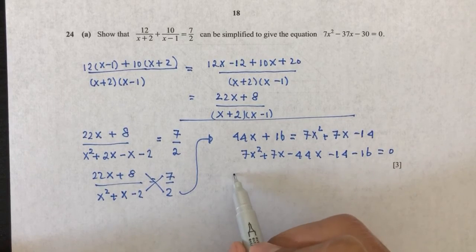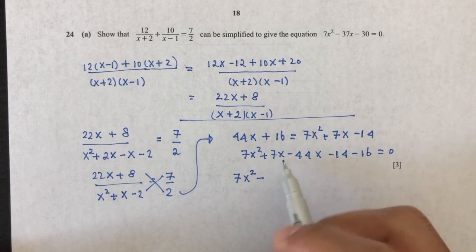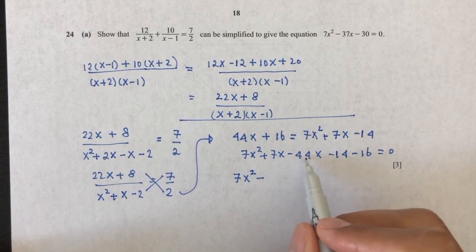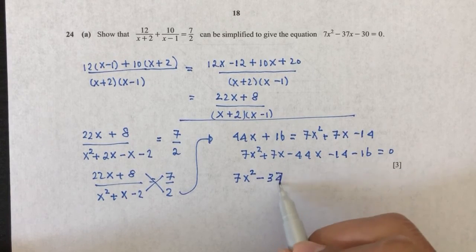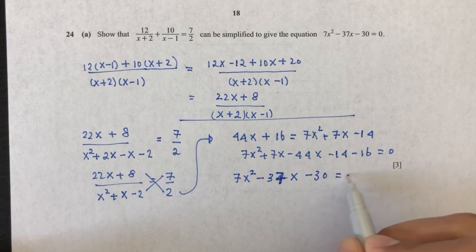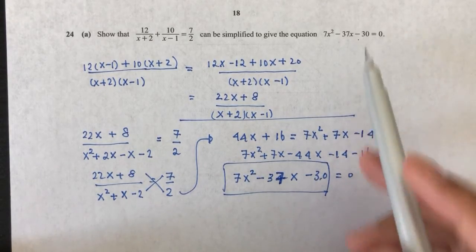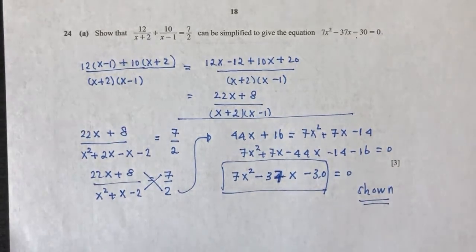So simplify, we have 7x squared plus 7 minus 44, it will be minus 37x, and minus 30 equal to 0. So this is just like this as shown, as provided.